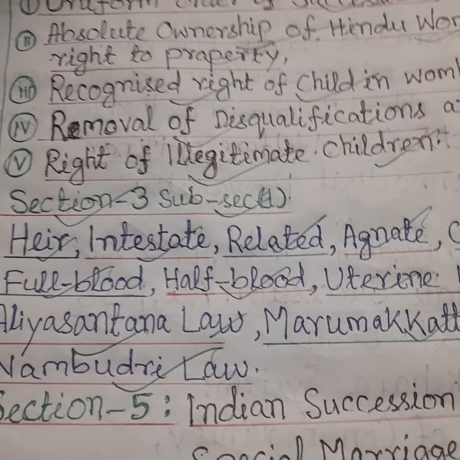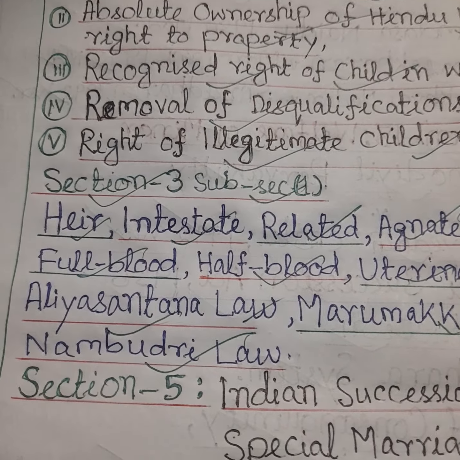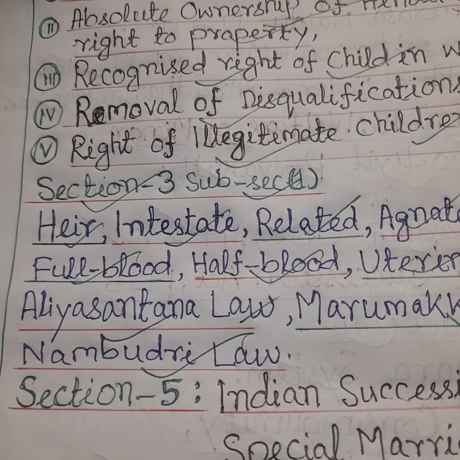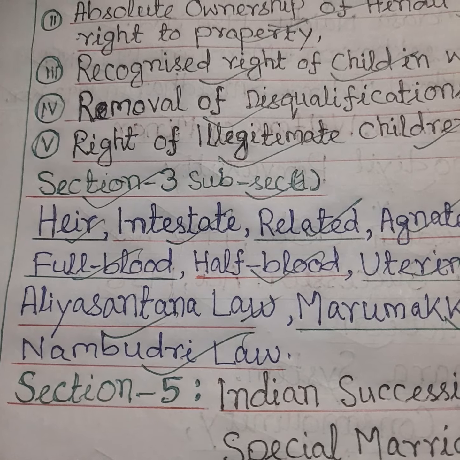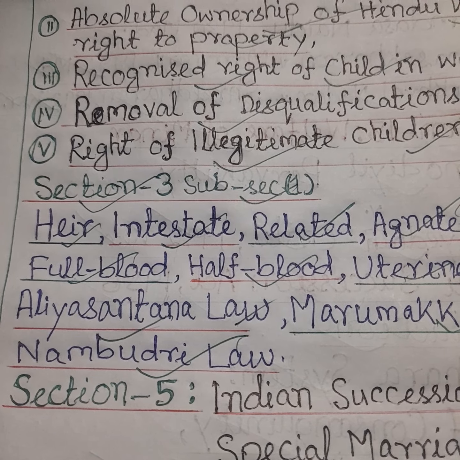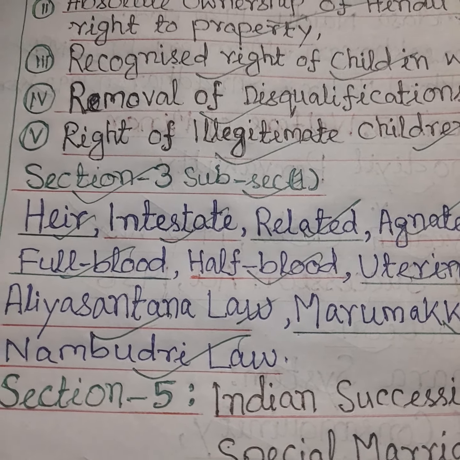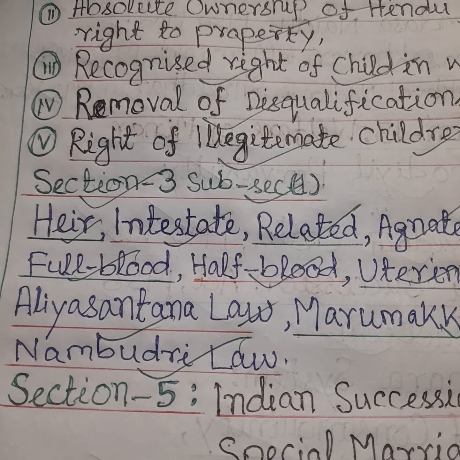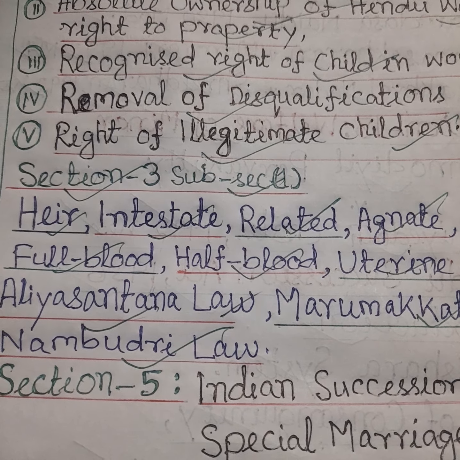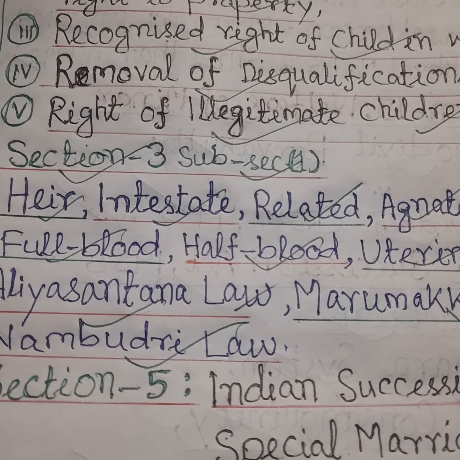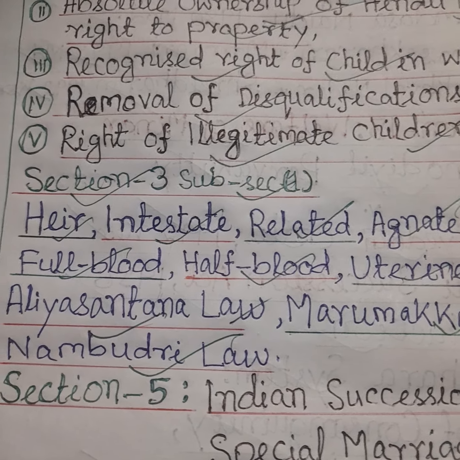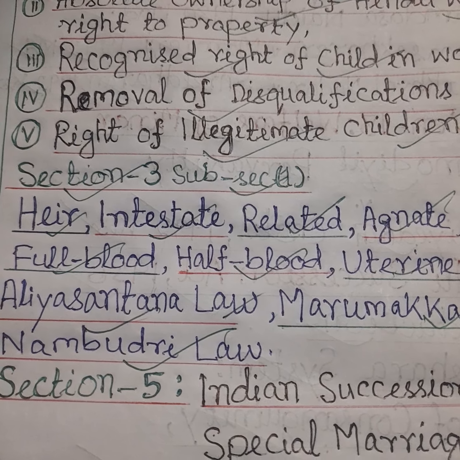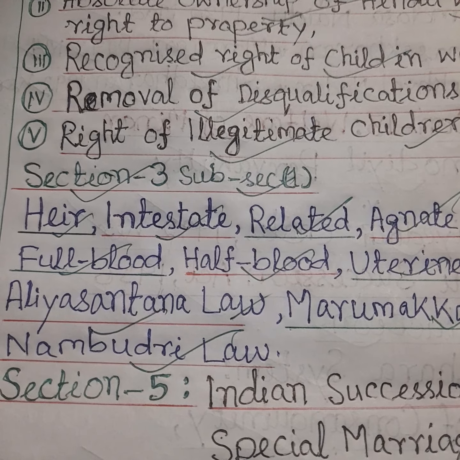Regarding the heir, as defined under subsection 1 of section 3, it is any person, male or female, who is entitled to succeed to the property of an intestate. Intestate is defined as a person who has not made a testamentary disposition of his property.